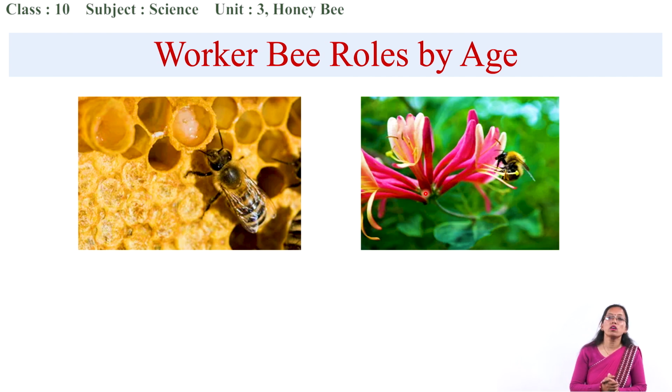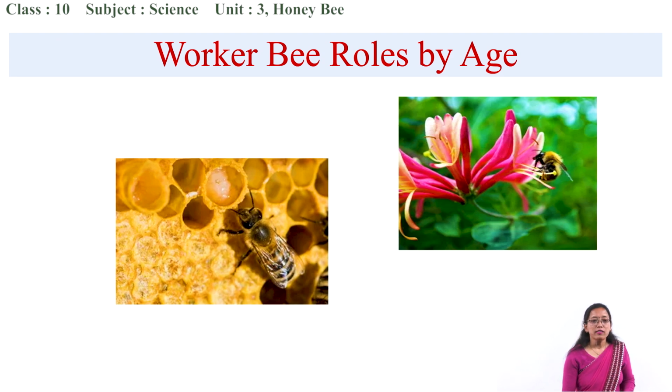What are the roles of worker bee by their age? In which age, what type of work do they perform? Let's see. See here, it is cleaning, it is collecting nectar from the flower, but so many functions they perform in their hive. By the age, it is determined what kind of function they have to perform.